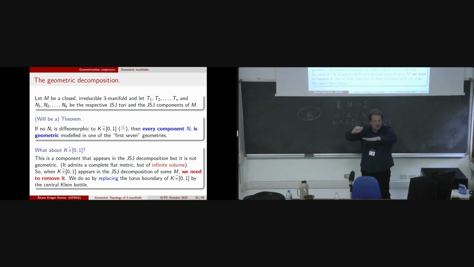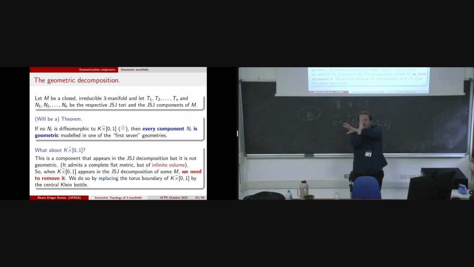It's not going to be K times S1. It's just the first one, K twisted times I. It has one torus boundary, and here you have a central Klein bottle.